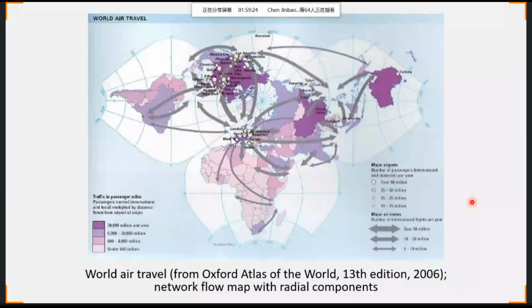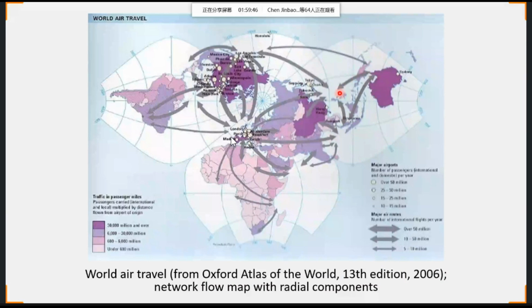This now is a network flow map with radial components. It's about world air travel. So of course you have even conceptual areas in part here, not only conceptual points where the arrows point at.